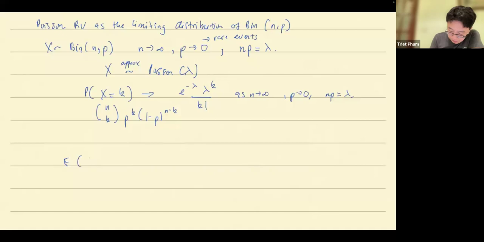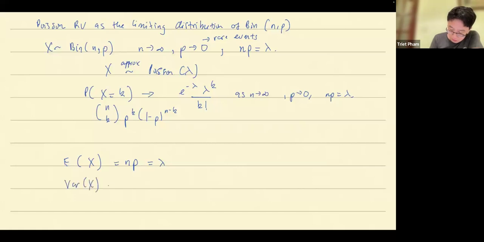So the expectation of X, if you look at this random variable, is n times p. But we know n times p is lambda, so the expectation of X is lambda. So far it's consistent, in the sense that we treat X both as a binomial random variable and as a Poisson random variable, because X is also approximately Poisson. So this works. What about the variance of X?